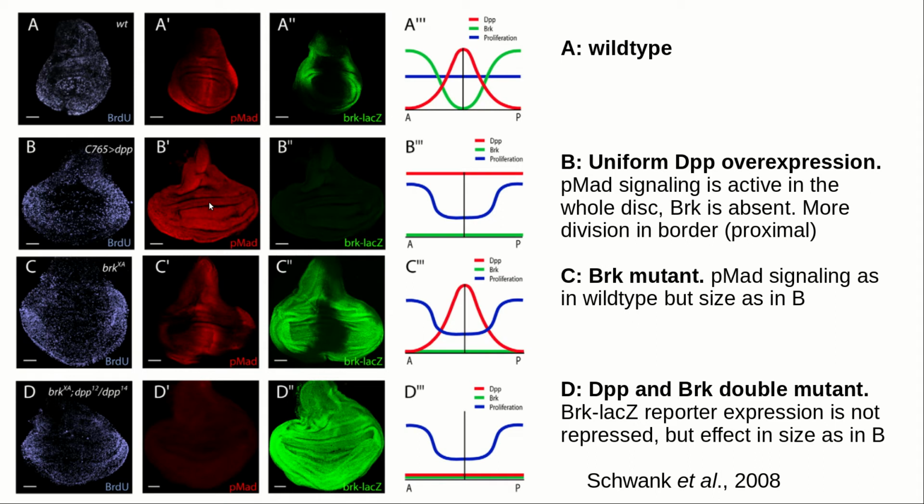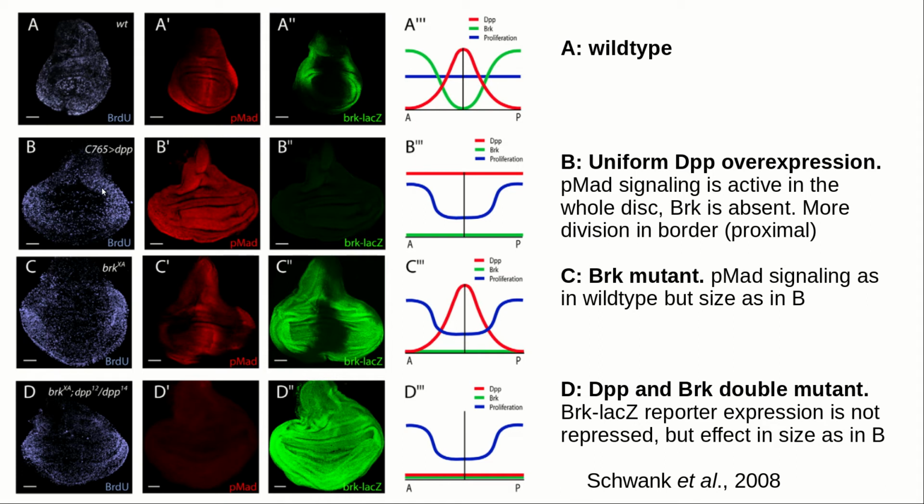So when DPP is overexpressed, you can see how pMad signal is spread all over the disc, and the Brinker reporter is repressed. Consequently, you have a growth of the disc, mostly in the anterior-posterior direction.